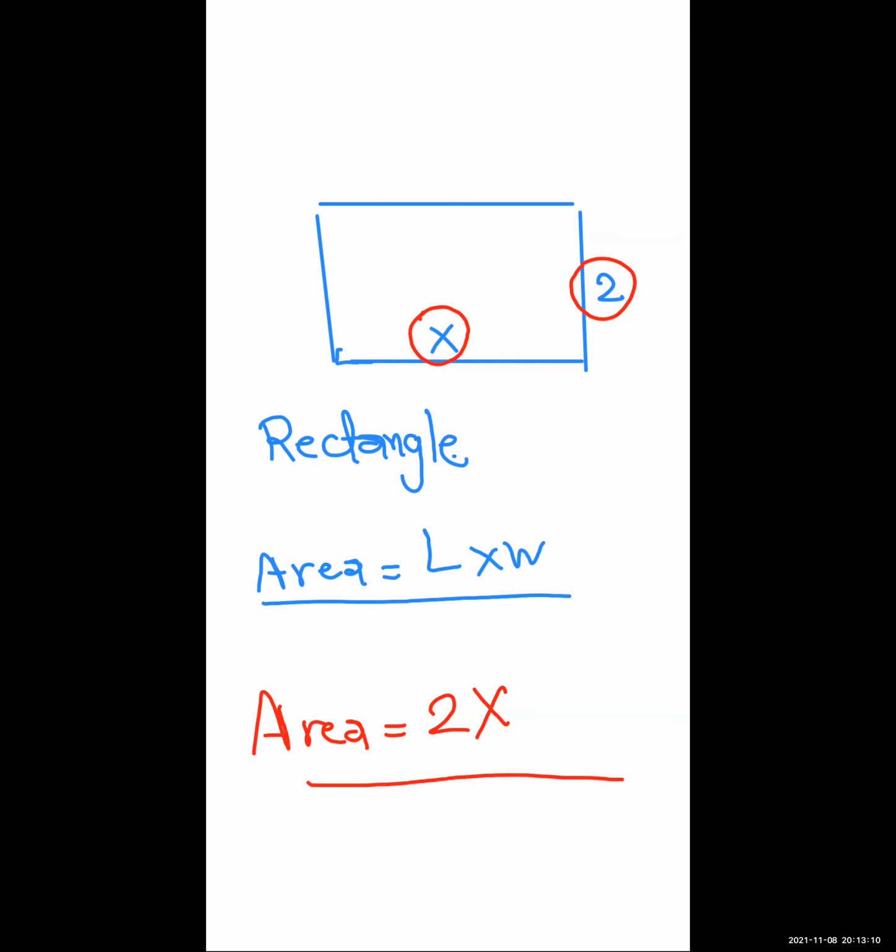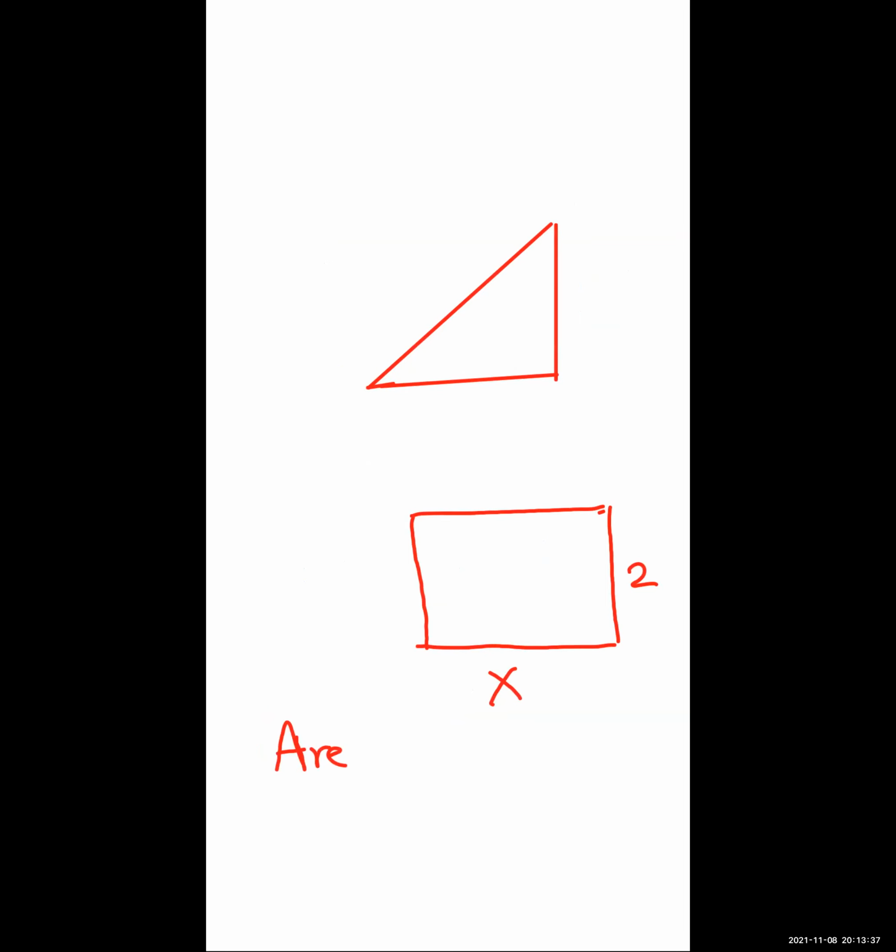Yes. Okay, one more example. If there is a triangle like this one, again, the first one was a rectangle with length x and width 2. The area for this one equals length times width, which means 2x.